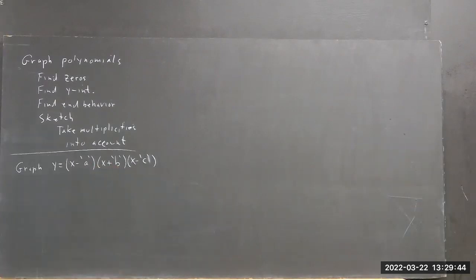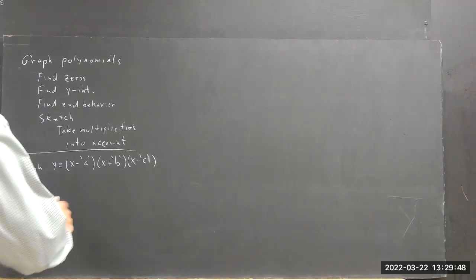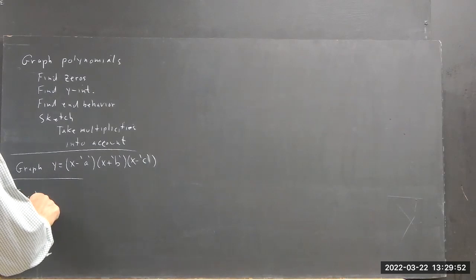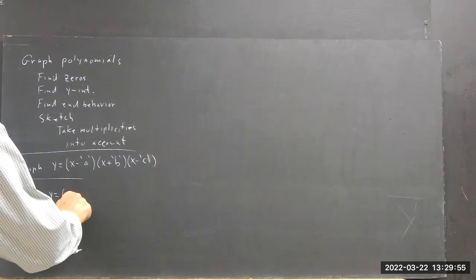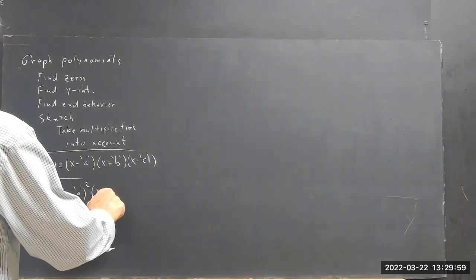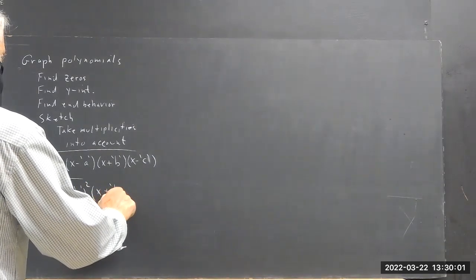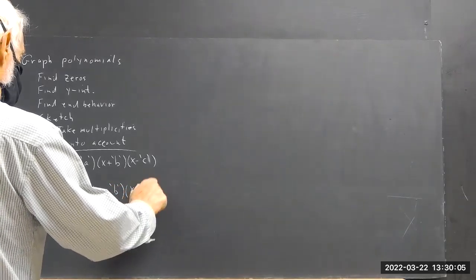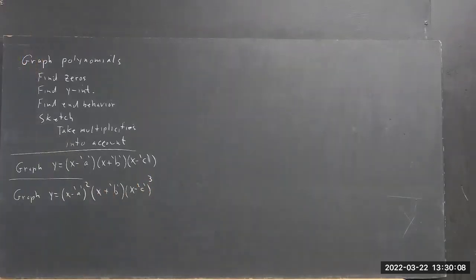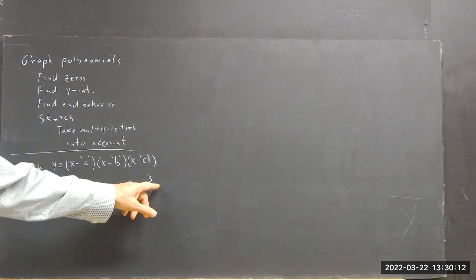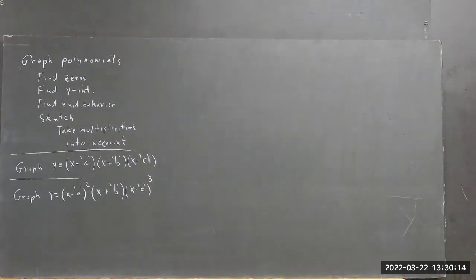Graph this polynomial with your numbers. Then graph this, where x minus a is squared and x minus c is cubed.